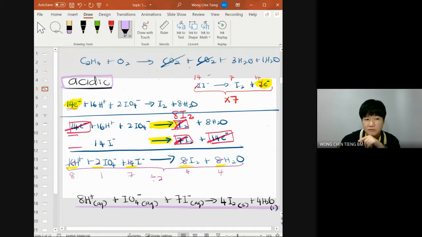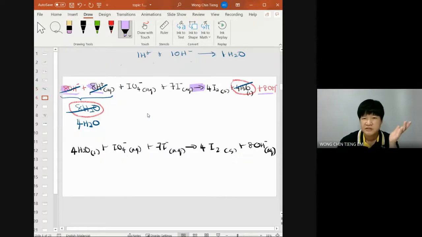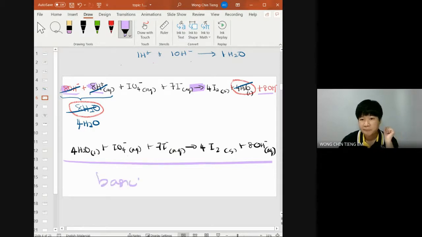Kita dah gabung, kita dah simplified siap-siap sebelum kita tambah OH minus. And I prefer this way. Sebab nombor dia kecil. Nombor dia kecil dari awal. Okay? So kalau if you already simplify over here, your final answer confirm simplify already because you have factorized them. Okay? So until here will be your answer for basic medium.